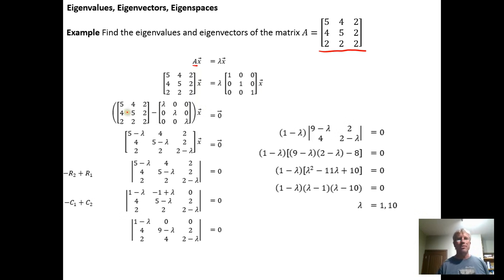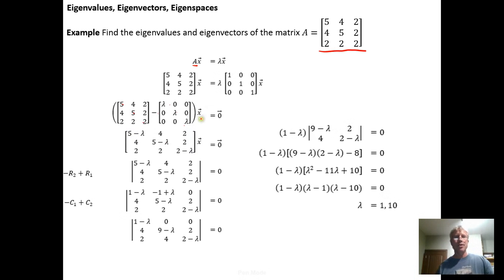We then do the subtraction, and because everywhere except the main diagonal has zeros in the subtraction, everything stays the same except for the main diagonal, where you get 5 minus lambda, 5 minus lambda, and 2 minus lambda. So the only thing that changes is that main diagonal.